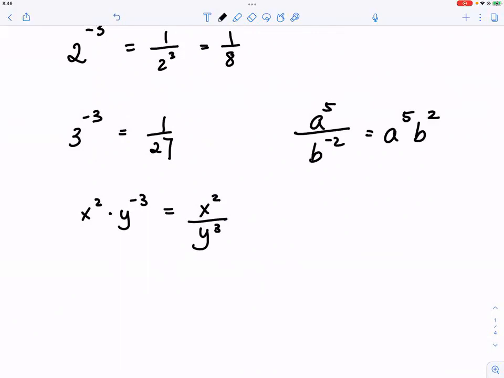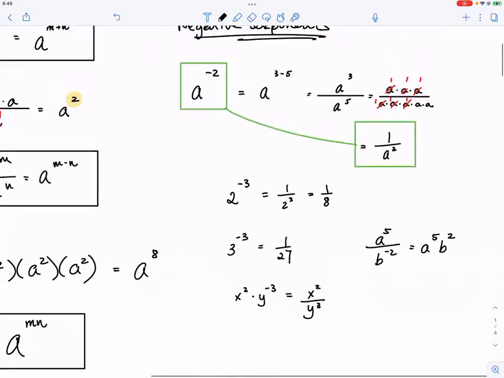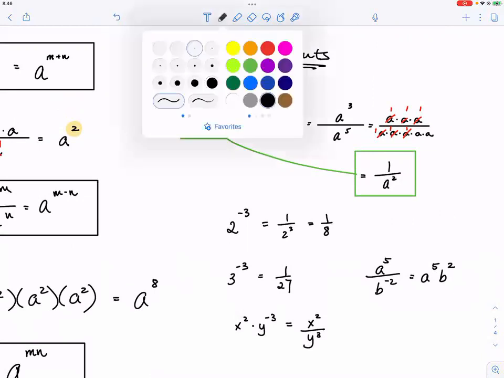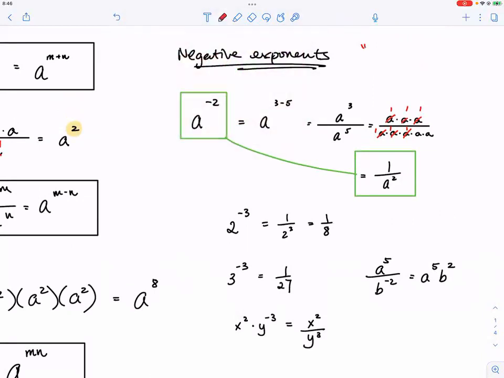So, if I may give you a single word to ease up your memorization or your memory, I'm going to choose this word. You're going to flip them. You're going to flip. That's like the word for reciprocal. Numerator becomes denominator.